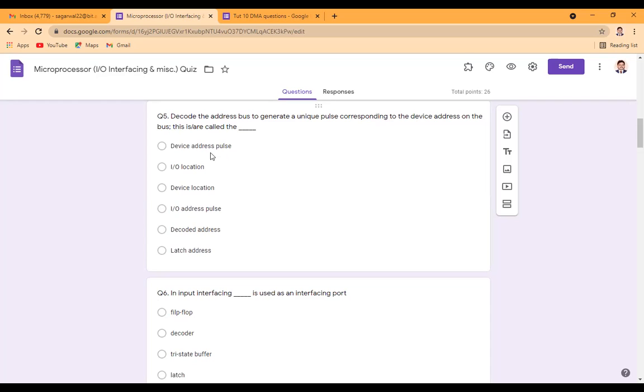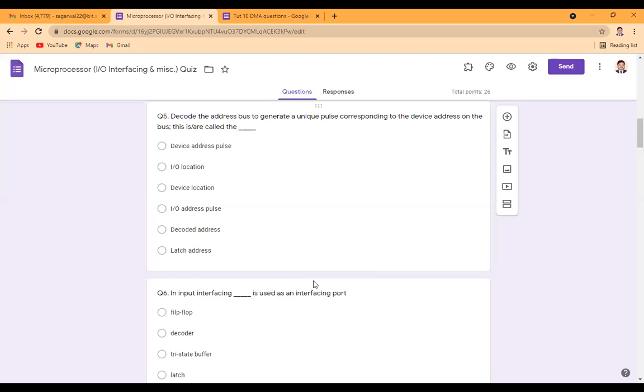That unique pulse is known as the device address, the input-output address pulse. So the correct answer is input-output address pulse.